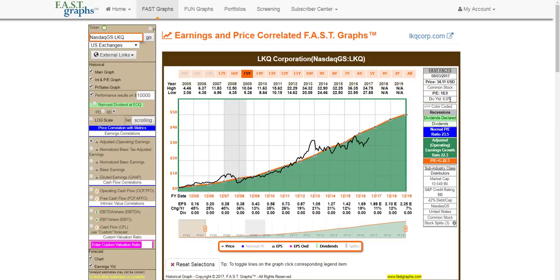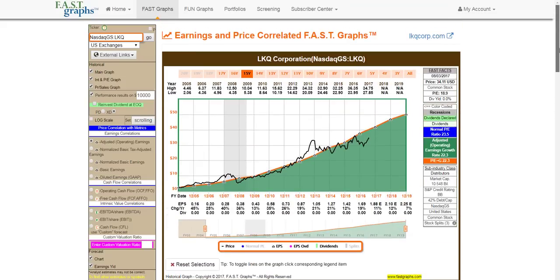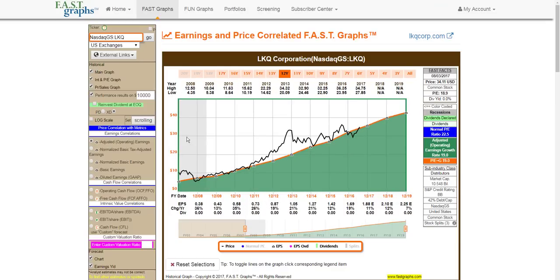So our valuations are in alignment here. So we have a 22% growth rate, and therefore it should be no surprise that our capital appreciation of 23% was directly correlated to, or almost perfectly in line with, this company's earnings growth. Now next, I'm going to move on to the 12-year button here, or from 2008 to current, and look at LKQ.